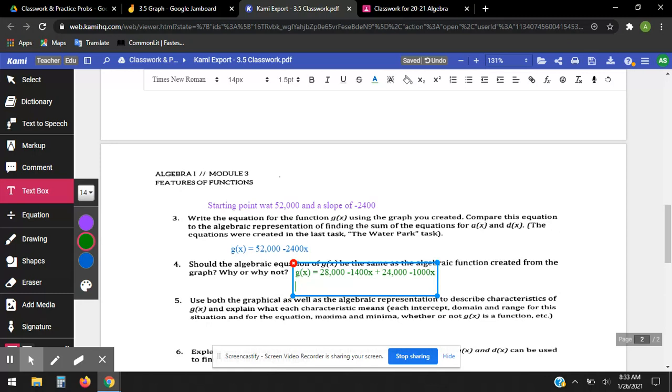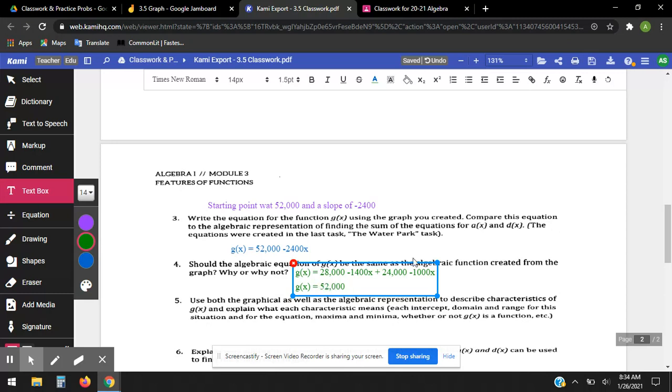When you simplify this, you want to combine the two numbers together. 28,000 plus 24,000, well, that's 52,000.